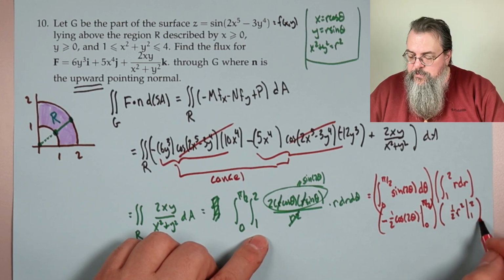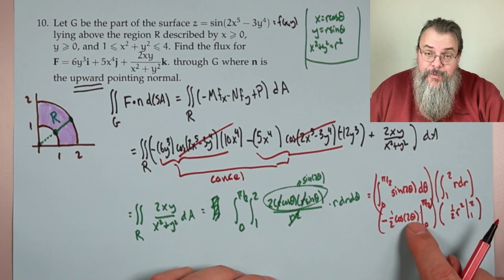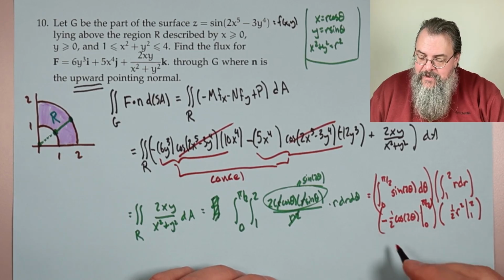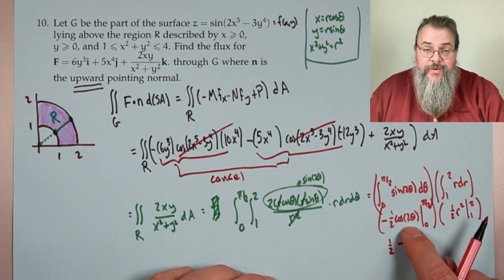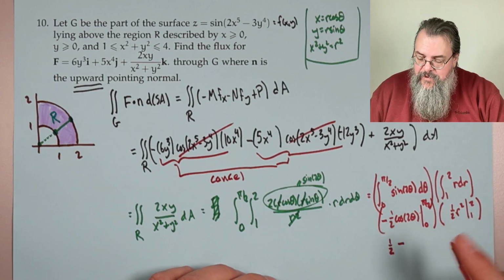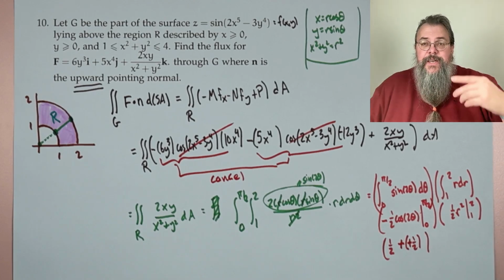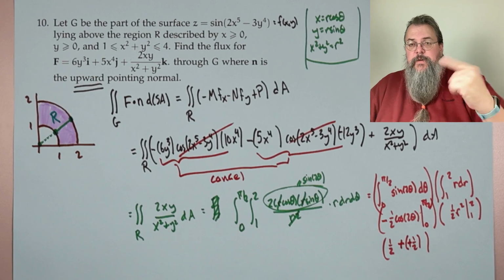Evaluate from 1 to 2. Well, okay, plug in pi over 2. 2 times pi over 2 is pi. Cosine pi is negative 1 times negative 1/2, makes 1/2. Subtract, plug in 0, cosine 0 is 1 times negative 1/2, so let's subtract negative 1/2. Well, two negatives make a positive. It's like orientation, right? If you're oriented this way, then a negative flips you, then another negative flips you back.